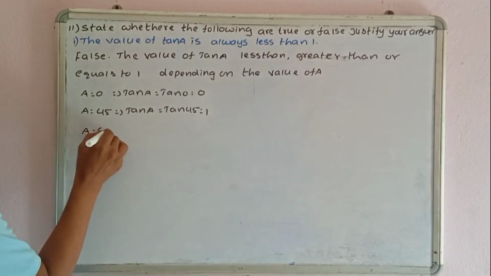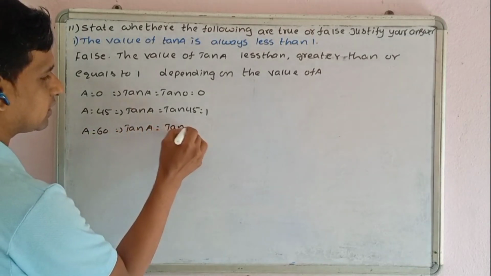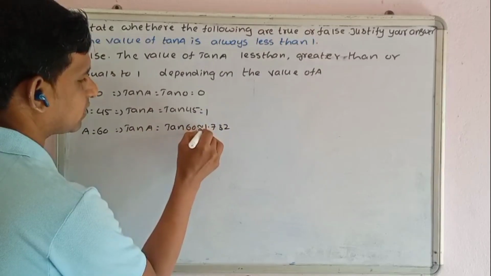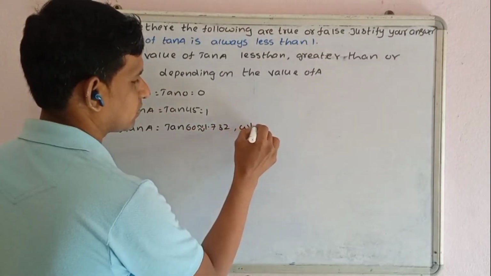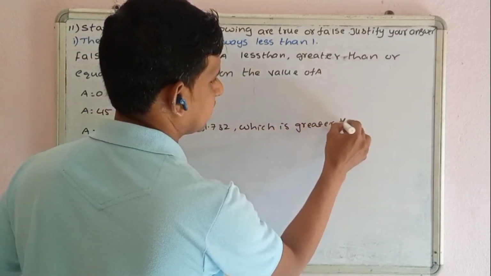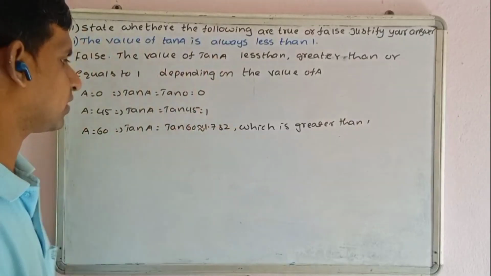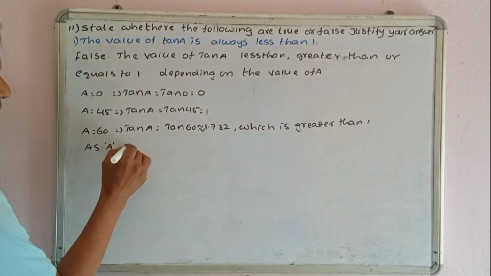A equals to 60. So tan A equals to tan 60. Tan 60 value 1.73. This is approximate value, not exact value, which is greater than 1. So less than 1, equals to 1, greater than 1.